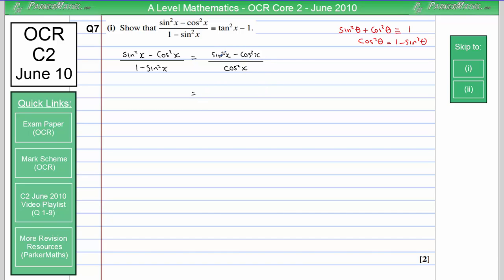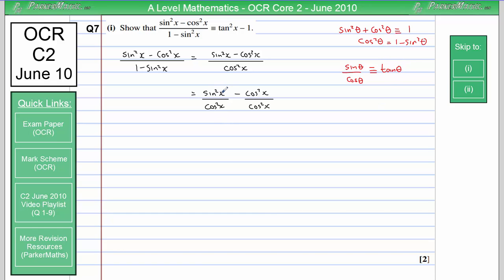Next, I'm going to separate this out into two fractions, so I'm going to get sine squared x over cos squared x minus cos squared x over cos squared x. At this point, I need another identity that says that sine theta over cos theta is always equal to tan theta.